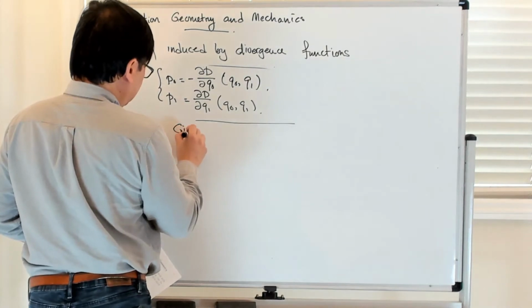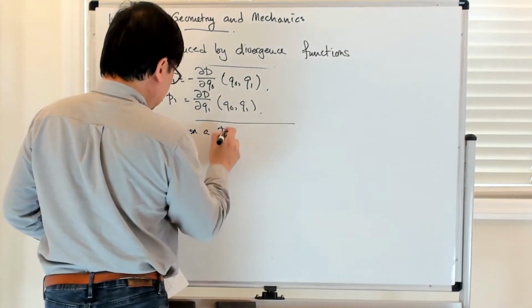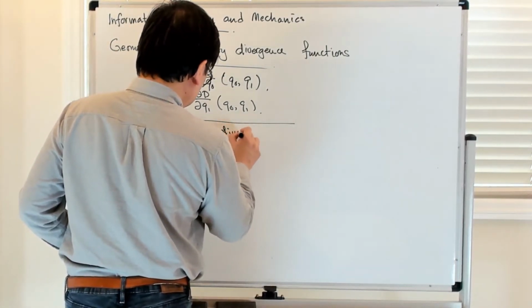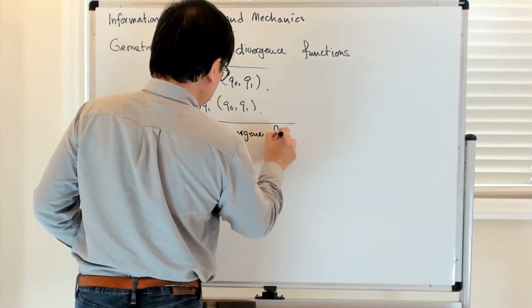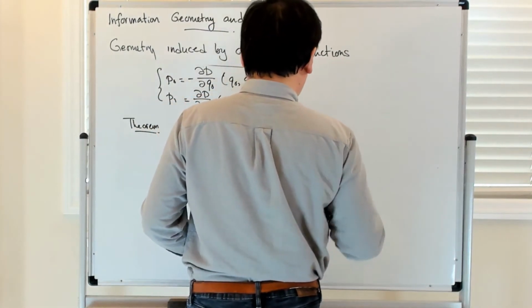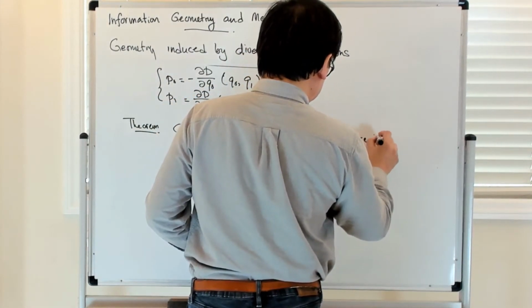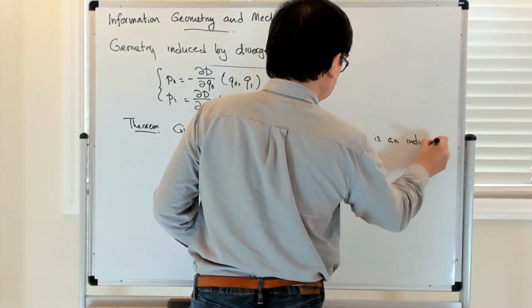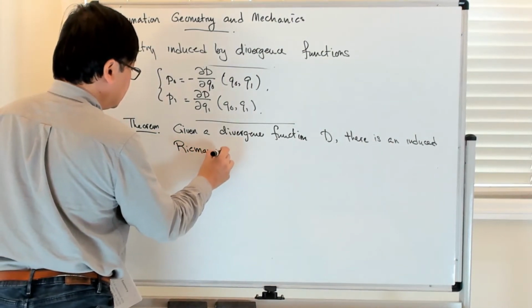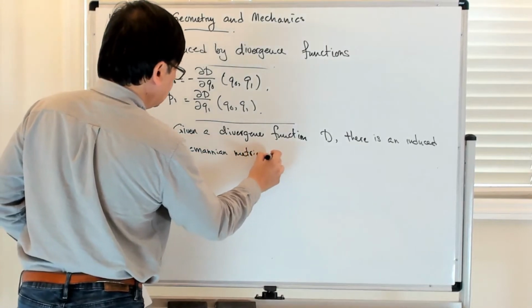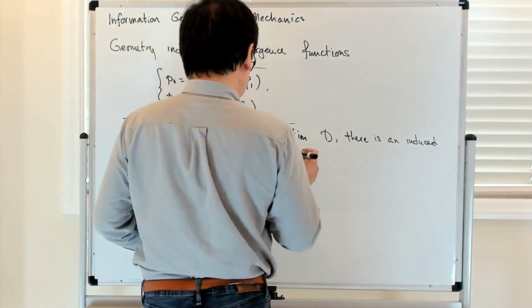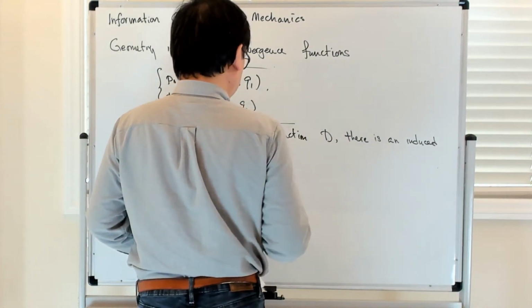Given a divergence function D, there is an induced Riemannian metric G. So you can ask the following.